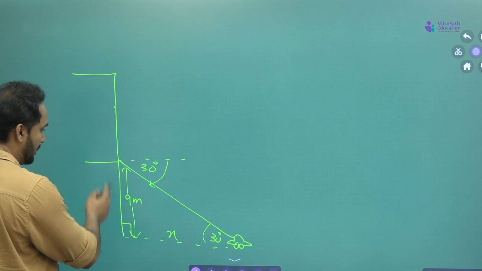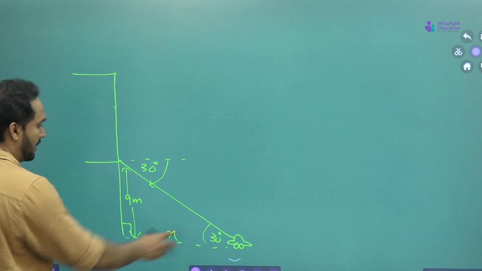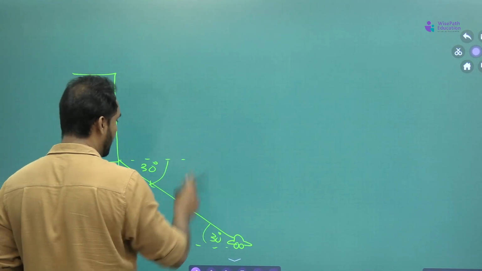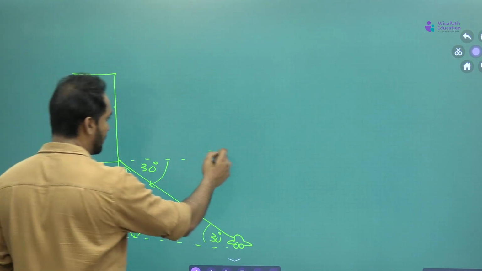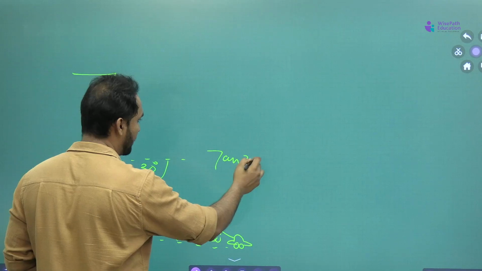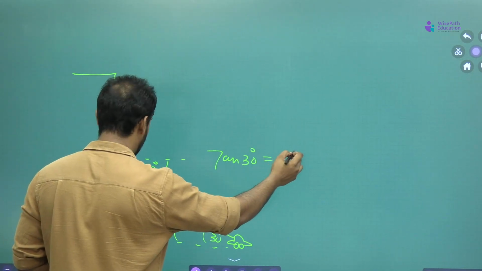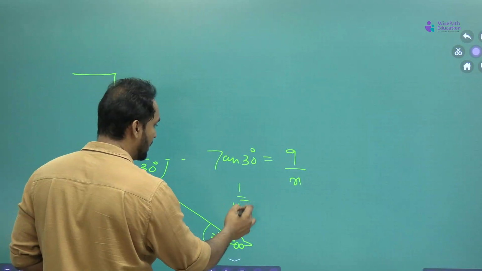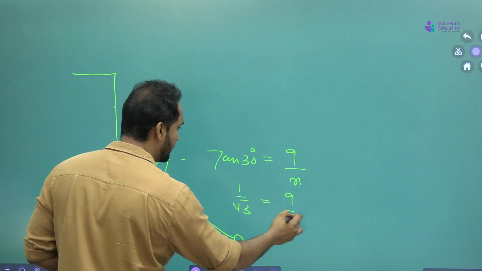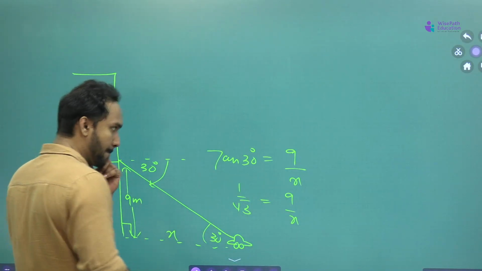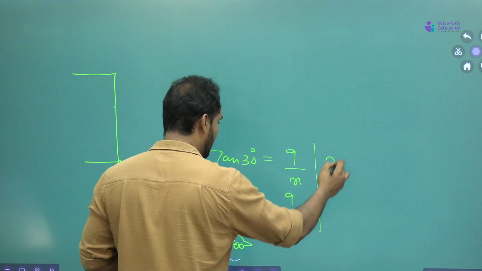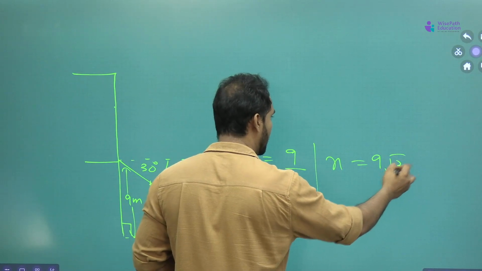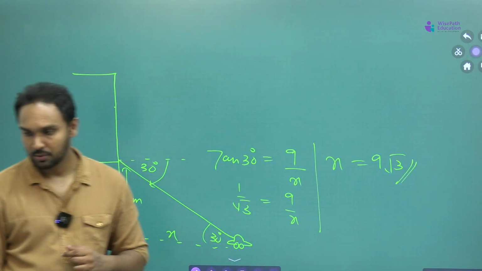You know the height, that is 9 meters, and that is the opposite of it, and x is the adjacent. So you have to put opposite and adjacent of the angle. That is tan. Tan 30 is opposite over adjacent, 9 over x. Now tan 30 is 1 over root 3 equals 9 over x. And x equals what? x equals 9 root 3, right? The answer is 9 root 3.